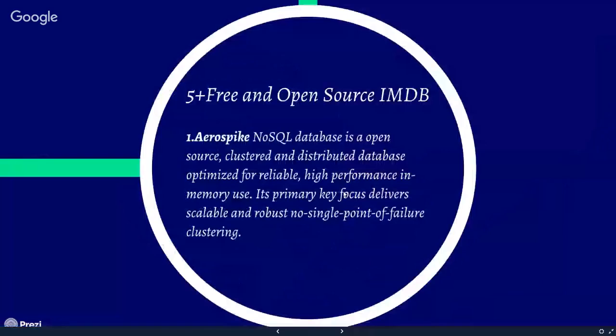Okay, the next one, I did some research to find free and open source IMDb in detail. The first one is Aerospike.